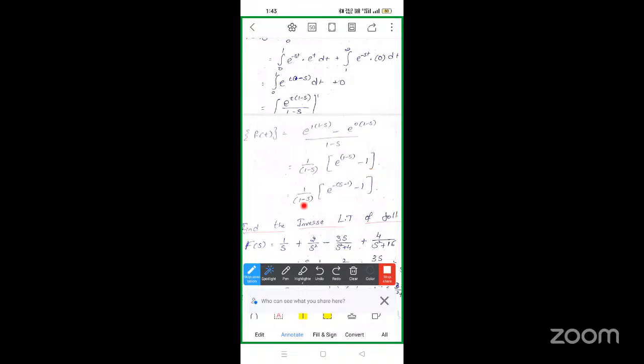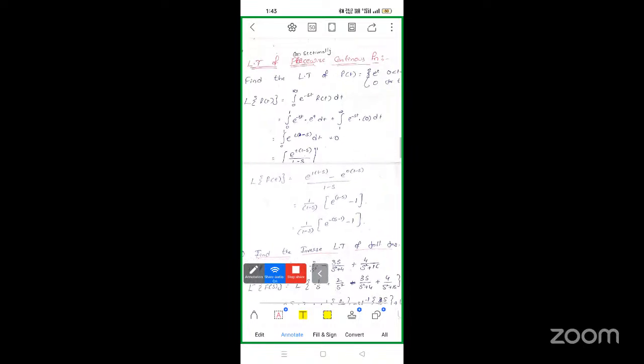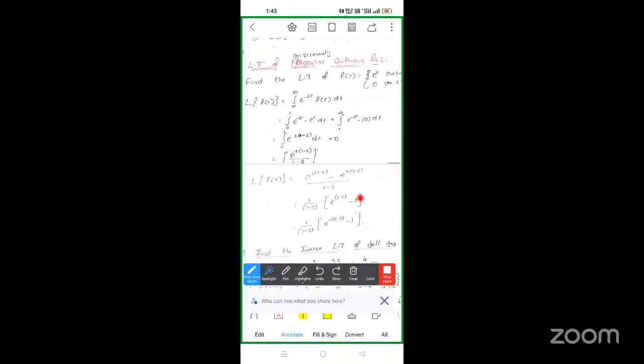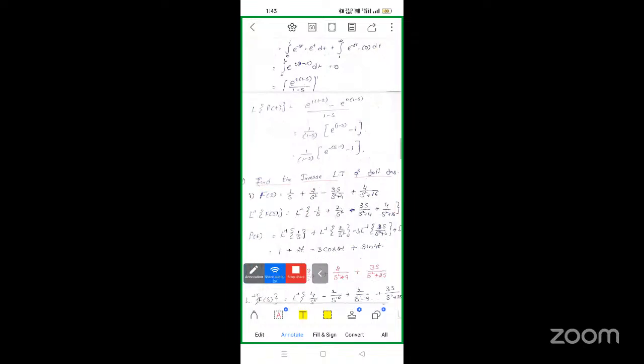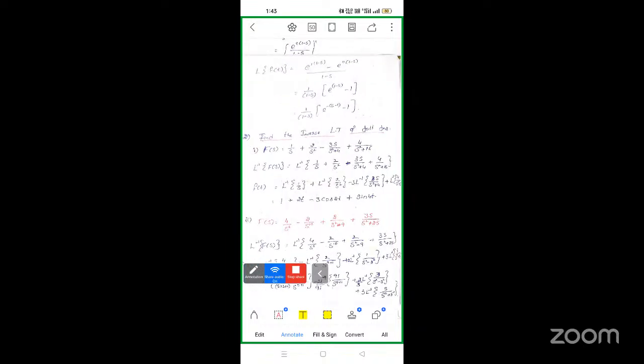So 1 by 1 minus s into e power, minus is common, s minus 1, minus 1. So this is called a piecewise continuous function. So this is the Laplace transform of a piecewise continuous function, or sectionally continuous function. Okay. Next.